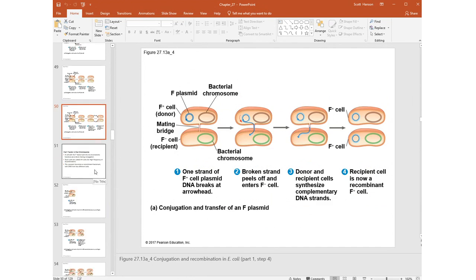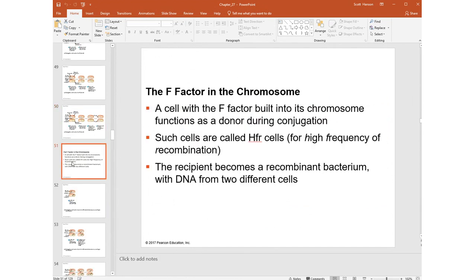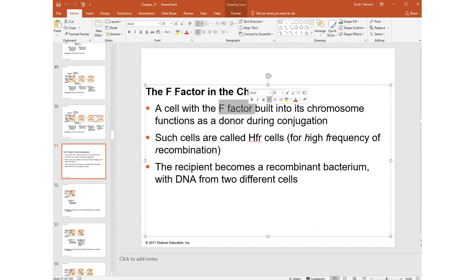So basically what's happening is that a cell with the F factor built into its chromosome functions as a donor during conjugation. Such cells are called HFR cells, for high frequency of recombination cells.